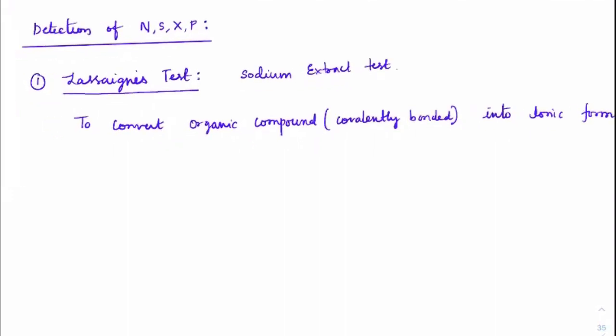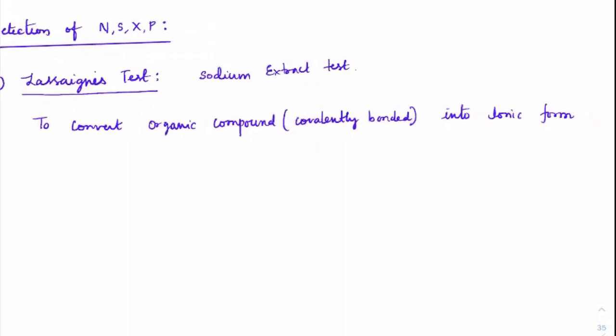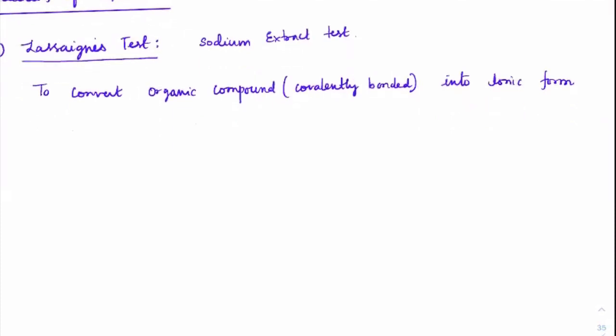So how is this? Imagine there is some carbon in that organic compound which is connected with sulfur. There may be carbon connected with nitrogen somewhere, and carbon connected to oxygen. There may be carbon connected to halide, like this. This is how we may have an organic compound.